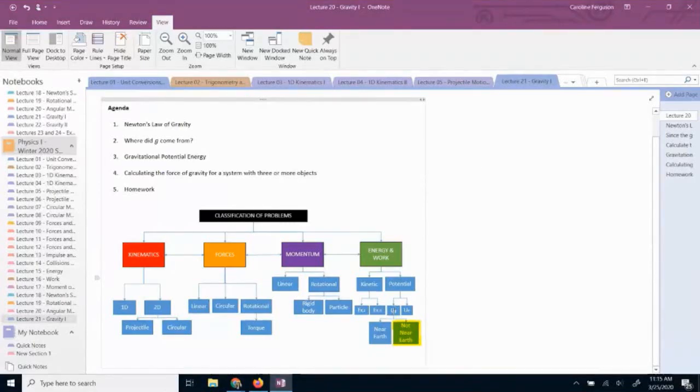So the formula, does anybody know what the formula was for U_G equals? MGH. Yeah, good, mgh. Now, the g is no longer going to be 9.8, and the formula we use is no longer going to be mgh anymore, so we're going to have to change that formula around. We're going to talk about how to calculate the force of gravity when we have a system that has 3 or even more objects. And then you'll have time to do your homework, which includes the quiz.